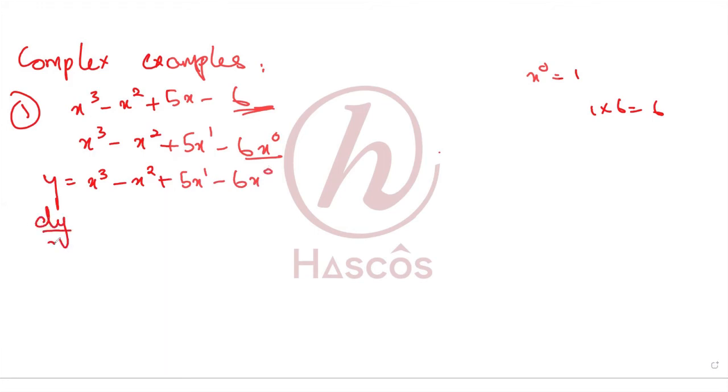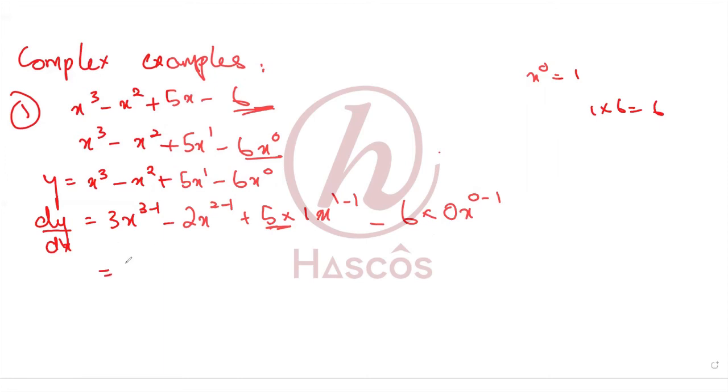and then dy over dx is going to be 3x^(3-1), minus 2x^(2-1), plus 5 (the 5 put aside for now) and then 1x^(1-1), then minus 6 times 0x^(0-1). This becomes 3x squared, this becomes minus 2x, this becomes plus 5x to the power of 0, and 6 times 0, anything multiplied by 0 obviously gives you a 0.